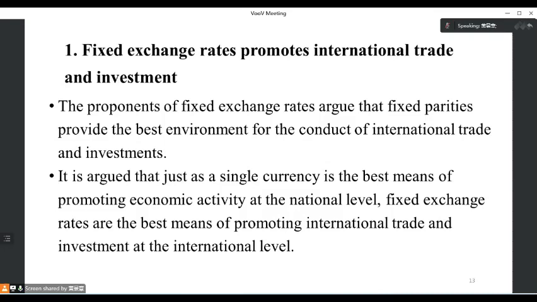It is argued that just as a single currency is the best means of promoting economic activity at the national level, fixed exchange rates are the best means of promoting international trade and investment at the international level.